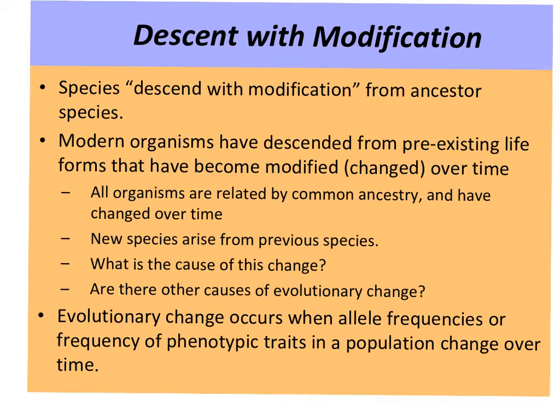So different species arise from common ancestry, and the new species are adapted to their own specific environment. So we know that modern organisms have descended from pre-existing life forms. We all share the same DNA. And we know there's lots of evidence for that from the fossil record and all that. We know new species arise from previous species.